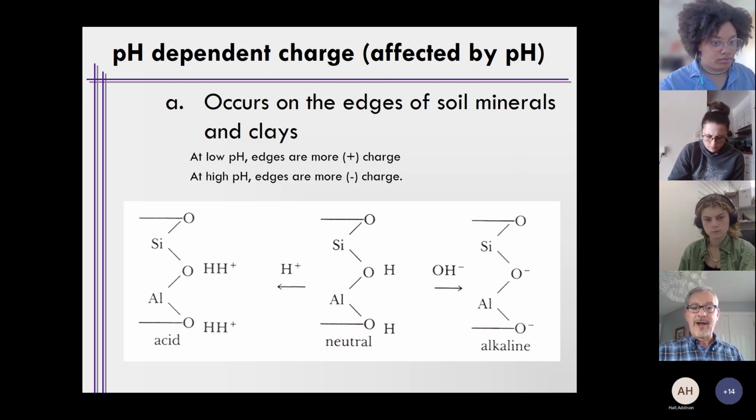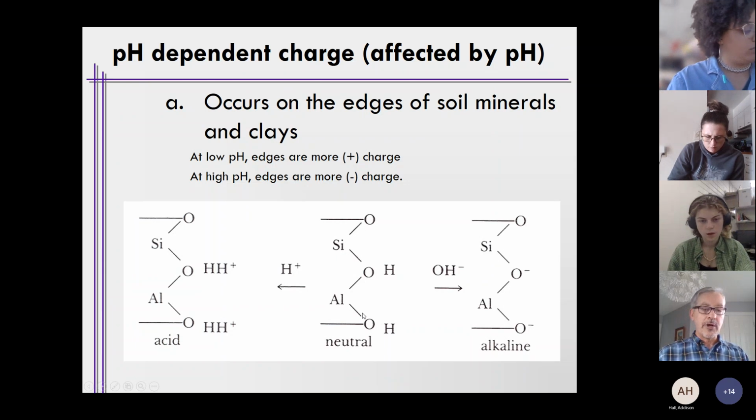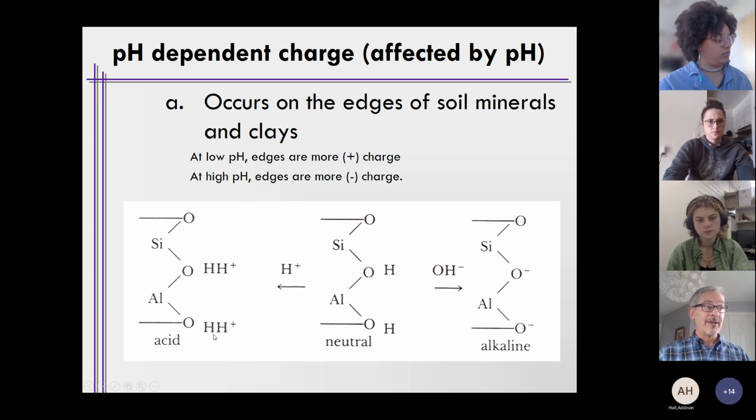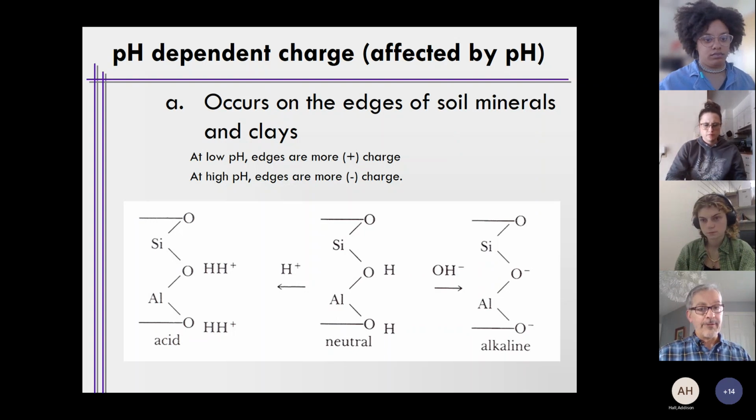The negative charge is derived based on pH, right? So at very high pH, the soil is negatively charged. At relatively neutral pH, and I'm keeping this simple, the soil has no pH-dependent charge. And under extreme acidic conditions, the soil has a pH-dependent charge that's actually positive. It's really goofy, but it's positive.